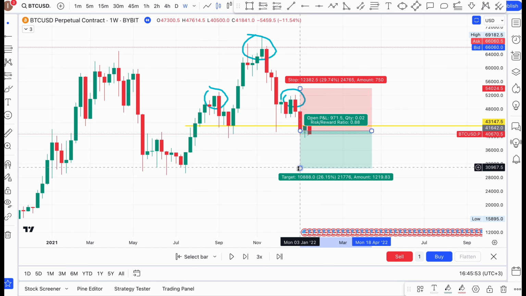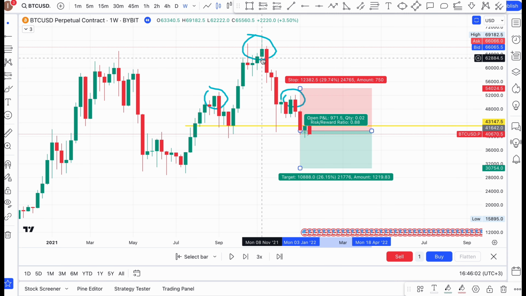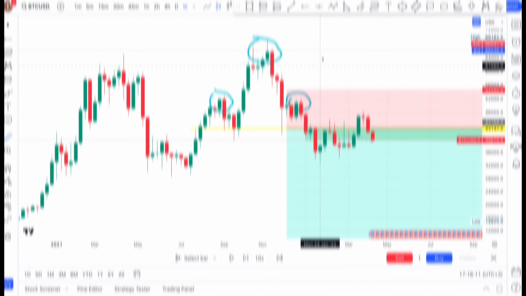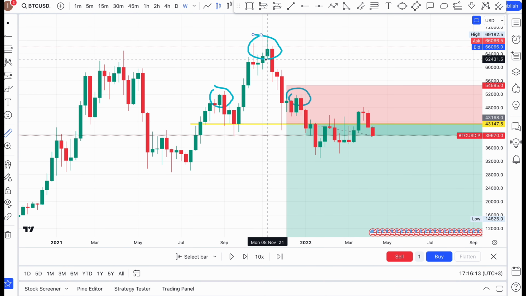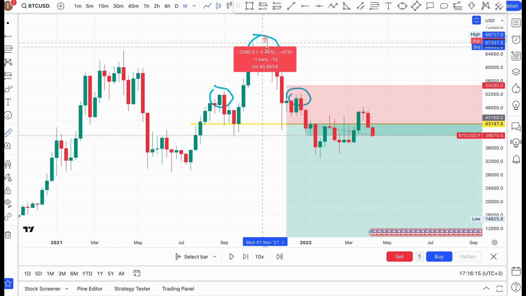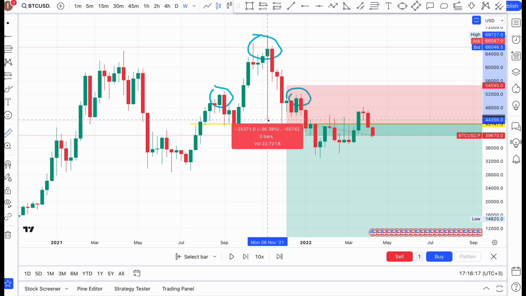If you just put it this way, you can see that if you measure this one, it will definitely give you this length. Or you can measure from the head, from the tip, like I told you, down to the neckline, right?